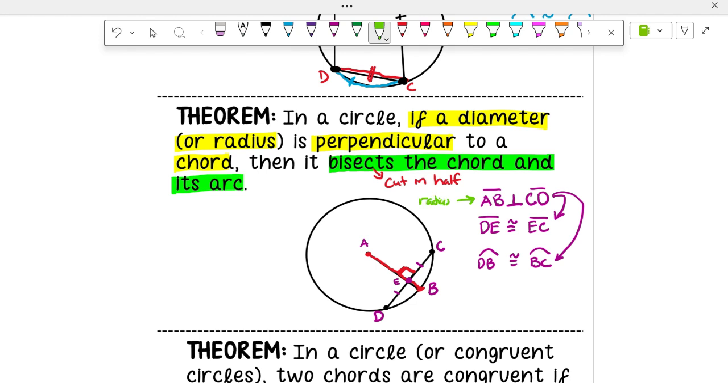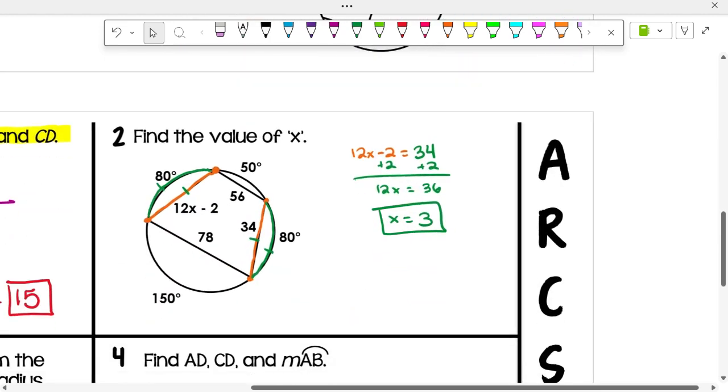In this case, it's a radius. And CD is the chord. As long as those two are perpendicular, meaning they form a 90-degree angle, then the radius bisects the chord. And it also bisects the arc. So let's look at some problems with that.